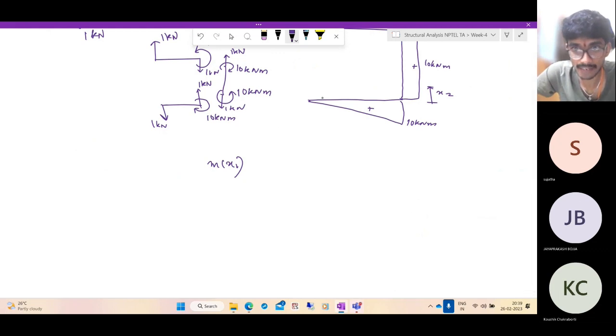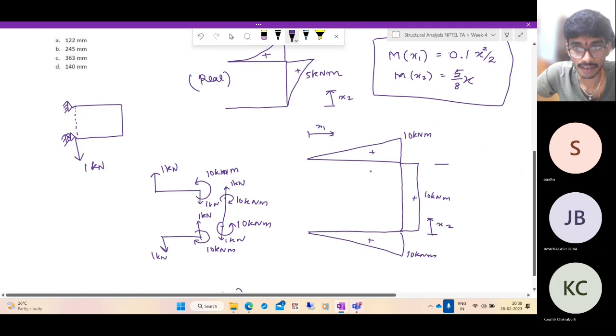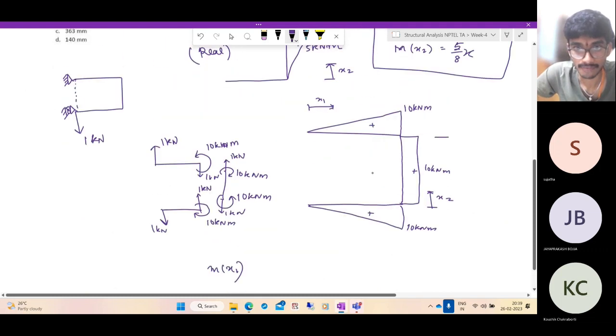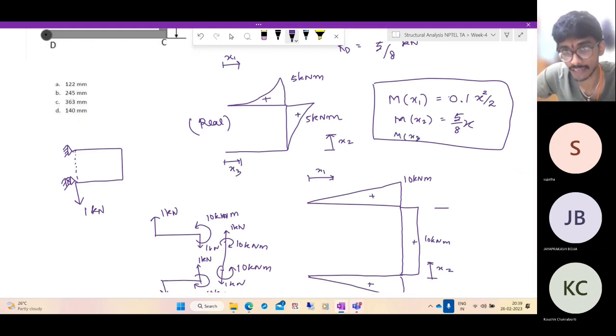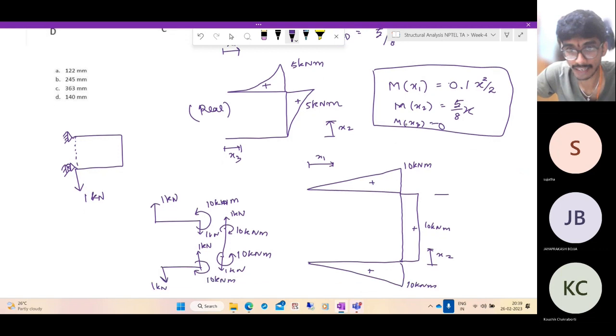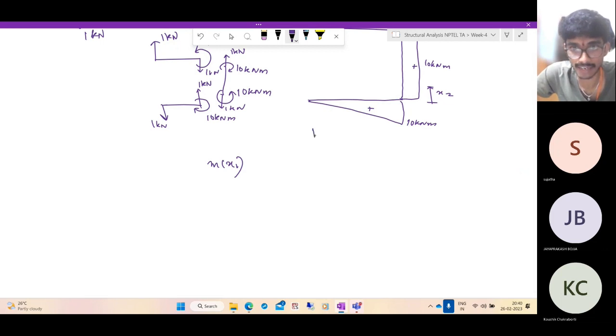And X3 I can take, but it doesn't matter because it will be anyway multiplying with 0, right? Nevertheless, I can put an X3 from here and write this as capital M of X3 equal to 0. Since it is multiplying with 0, it will not contribute to the deflection. So yeah, I can take X3 from here.